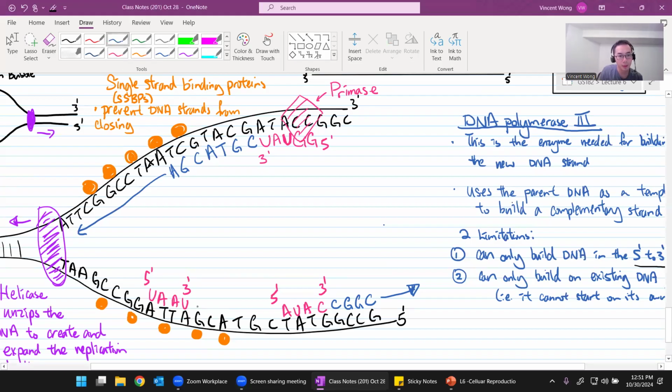And then when the DNA polymerase 3 comes, it will build again in the right direction. And as the helicase opens up the DNA and exposes more nucleotides, then you will put another one, and then the polymerase 3 can continue.